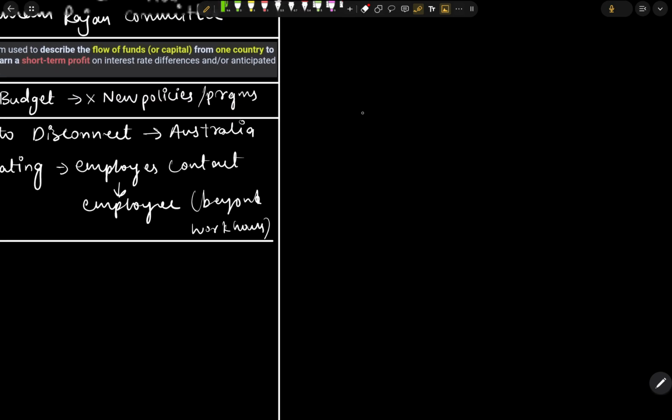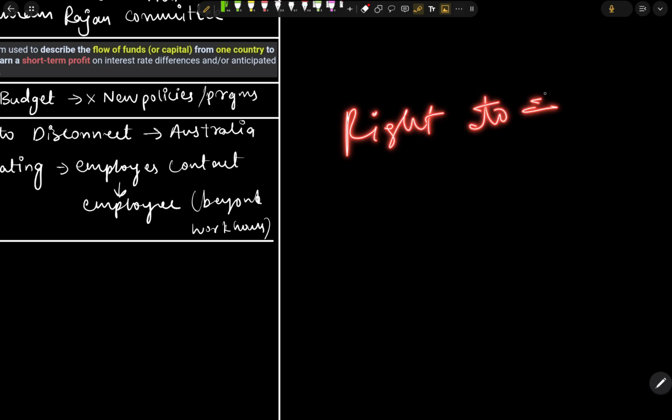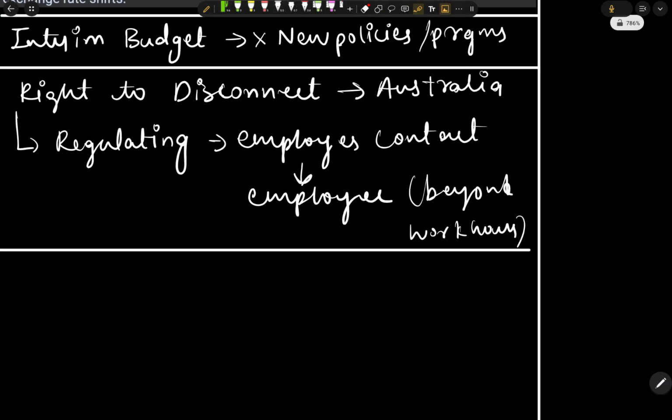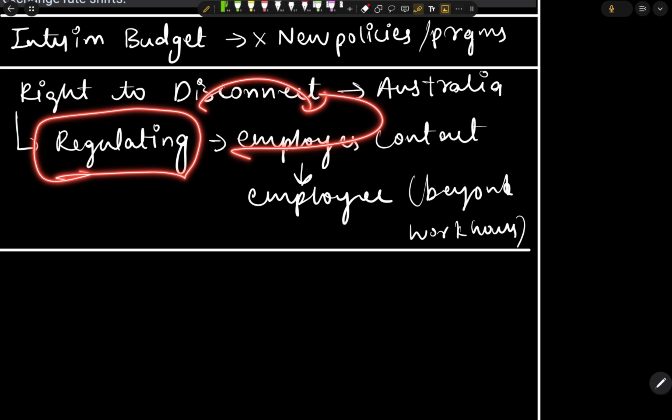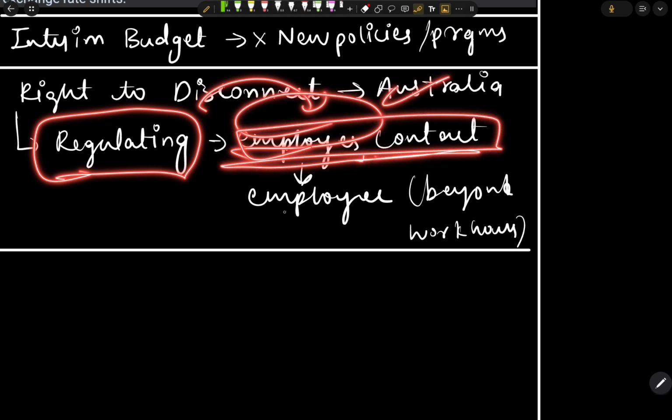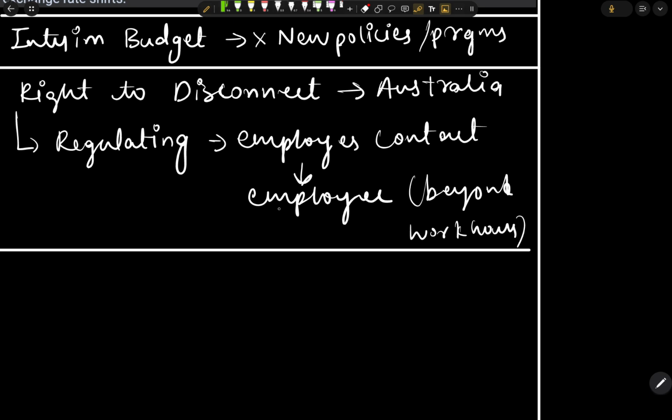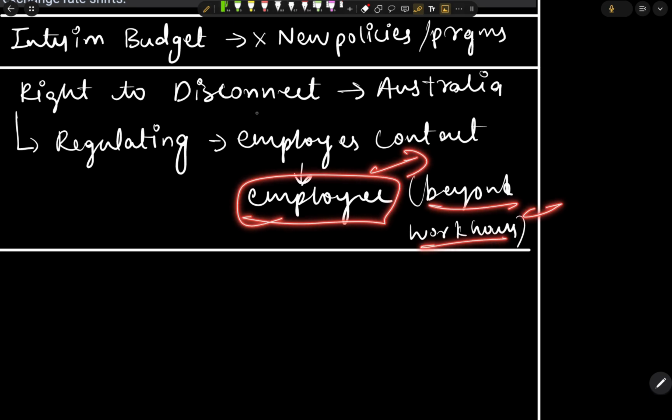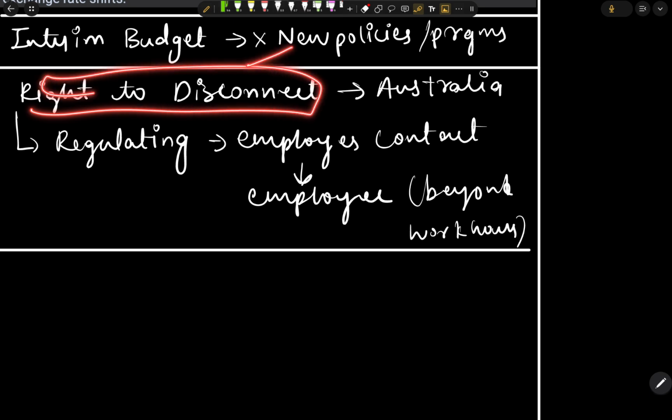And there is a concept of right to disconnect which was launched in Australia. Basically this right to disconnect is a concept regulating the employer's contact with the employee beyond work hours. So this is the definition of the right to disconnect.